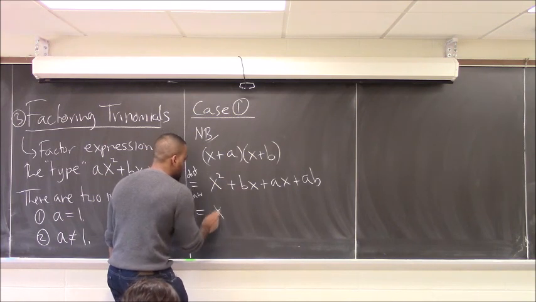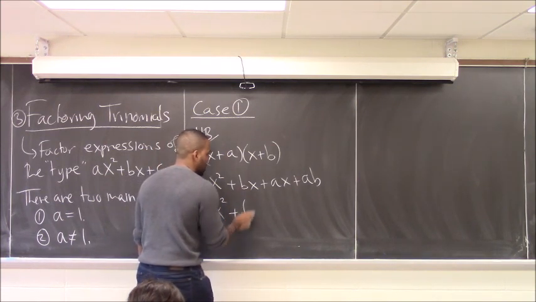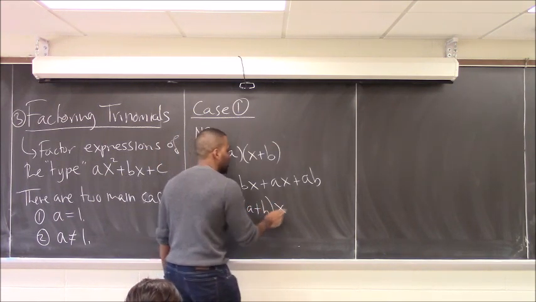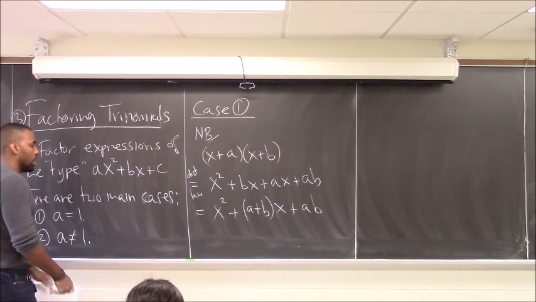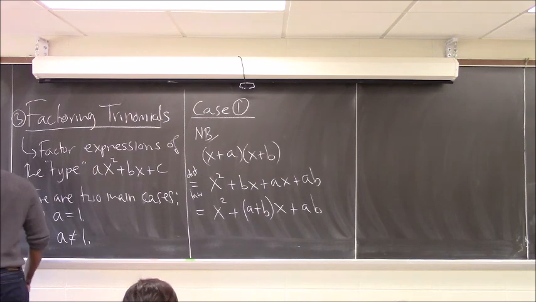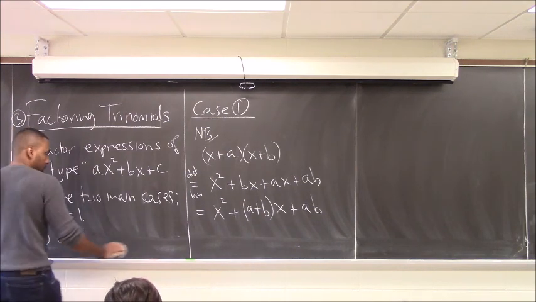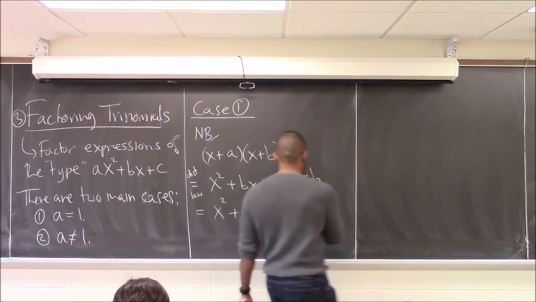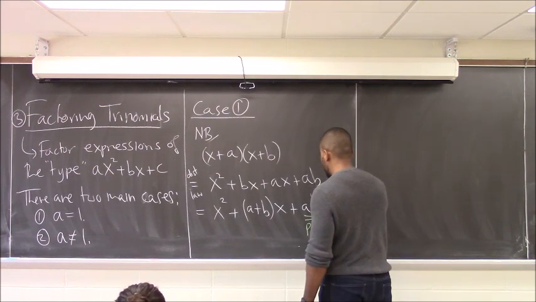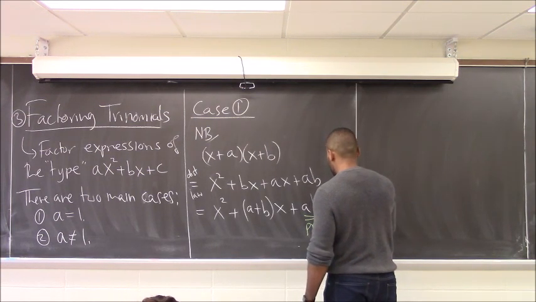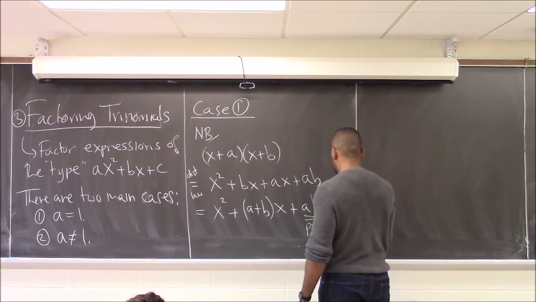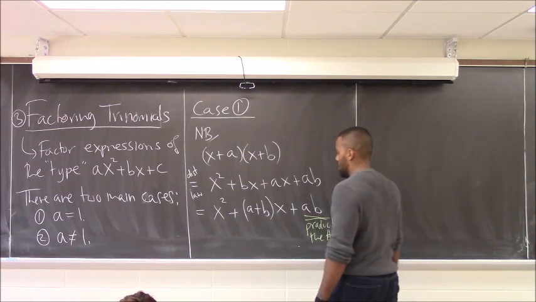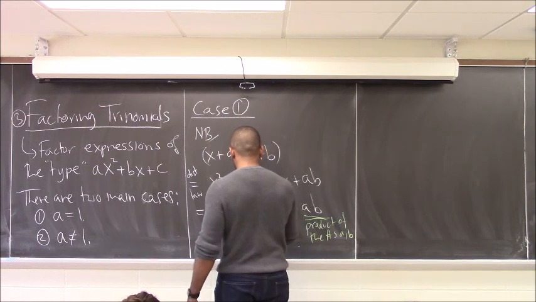If you group like terms, you'll notice that this is what you have. And so now you notice a little pattern here that we're going to take advantage of. Notice that this here is the product of the two numbers, and this here is the sum of the numbers.